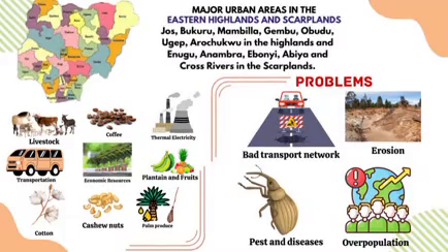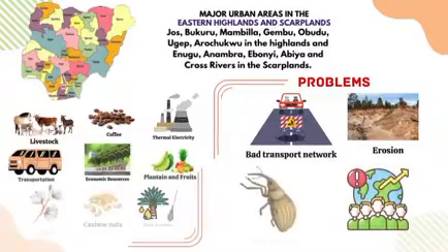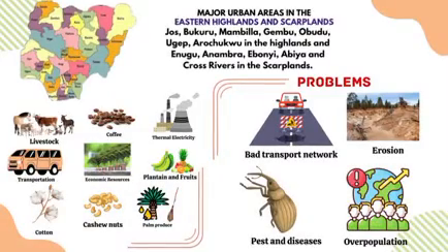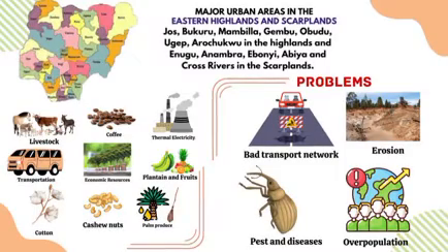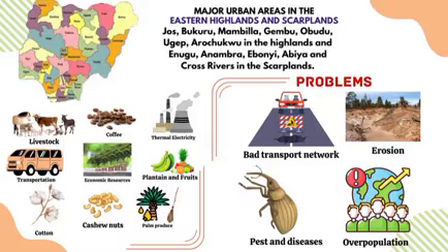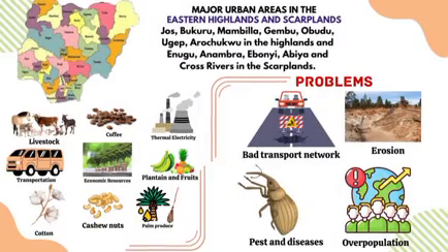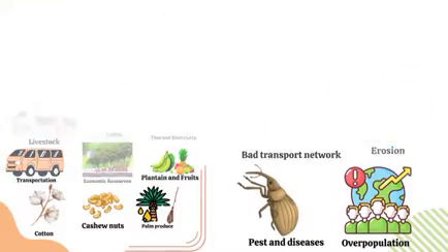Here they have cotton, cashew, palm produce, and coffee as their cash crop production, which boosts their economy. Also, they are into transportation and raising of livestock. Thermal energy generated from coal mining is also a major source of economy to them. Problems include bad transport network, erosion, overpopulation, pests and disease.